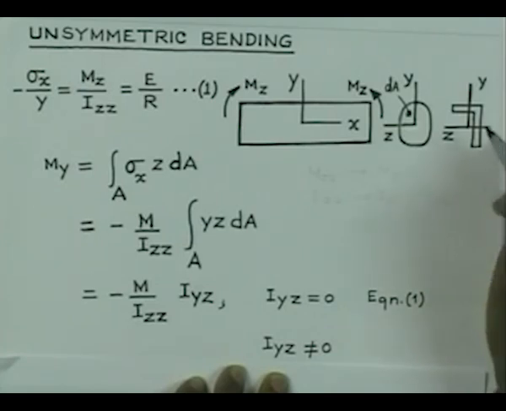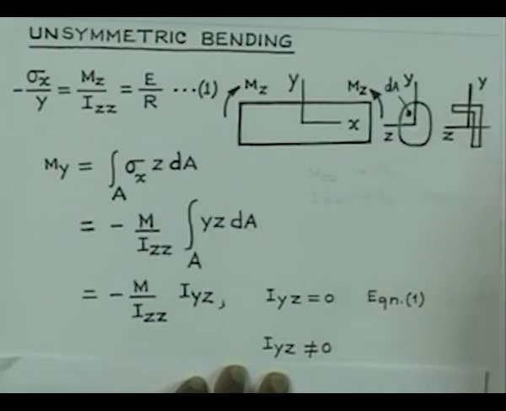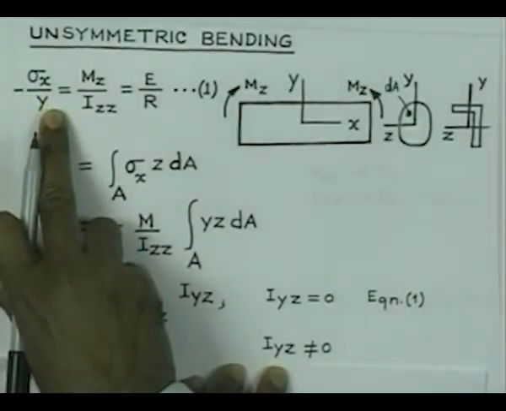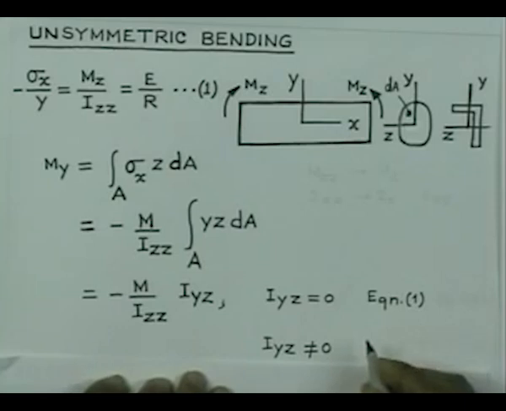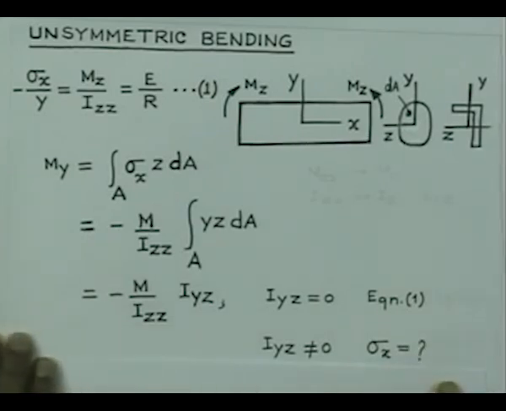In this case, if you try to load the beam in the xy plane, then you will find that you are not going to have Iyz equal to 0, and hence we will have difficulty in calculating the stress distribution in the cross section, and it will be improper to calculate the stress by this formula alone. So, that is the object today: if Iyz is not equal to 0 for a cross section, and if we have bending of the cross section, how do we find out the stresses?